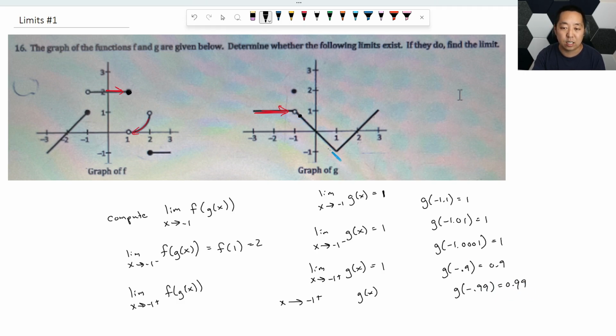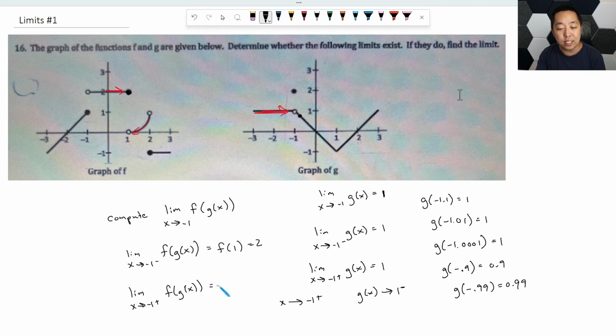It's kind of like y equals x, but negative. We are getting closer to 1, that is true, but are we approaching from the left or from the right? We're approaching 1, although less than 1. So this is approaching 1 from the left, because the y values here are smaller than 1. That's really important to recognize.